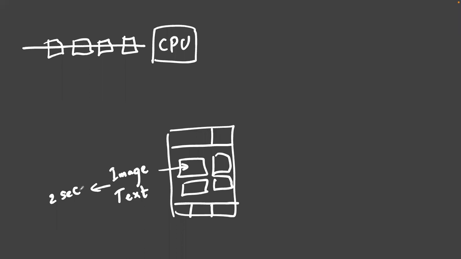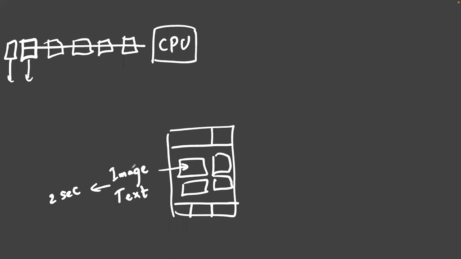So the problem comes in this specific scenario. I click on a button, so that instruction also gets added here. When I click on the button, the whole UI will stay unresponsive, because I can't click on another button while the instructions are running to fetch the image and text from the storage, right?